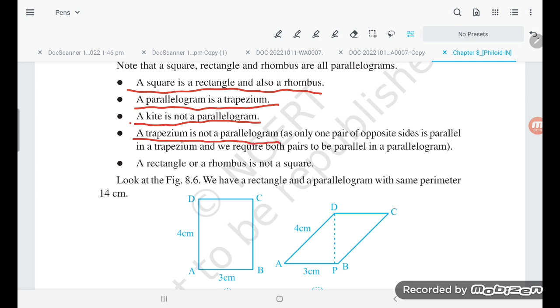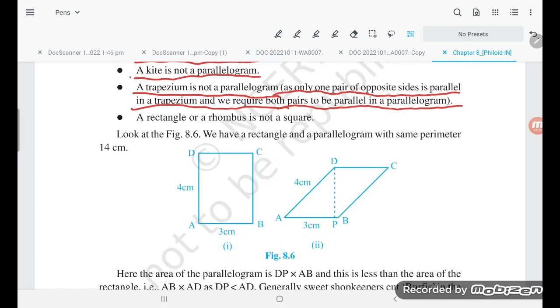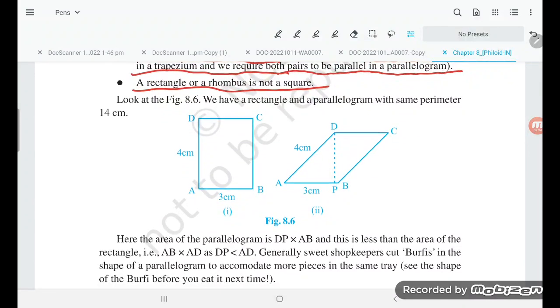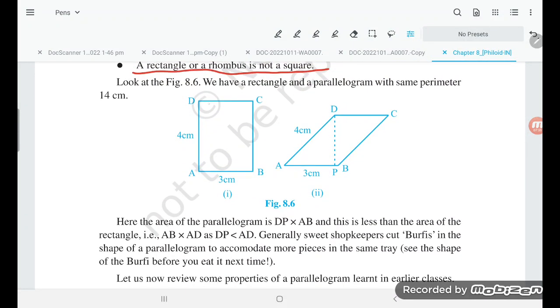A trapezium is not a parallelogram, as only one pair of opposite sides is parallel in a trapezium, and we require both pairs to be parallel for a parallelogram. A rectangle and a rhombus are parallelograms but not a square necessarily.